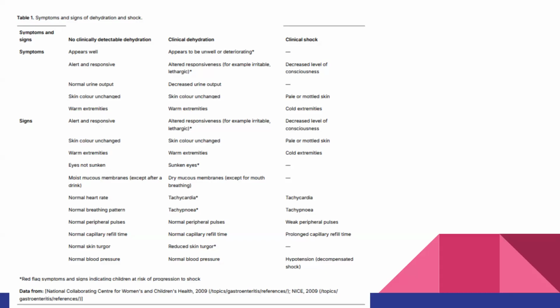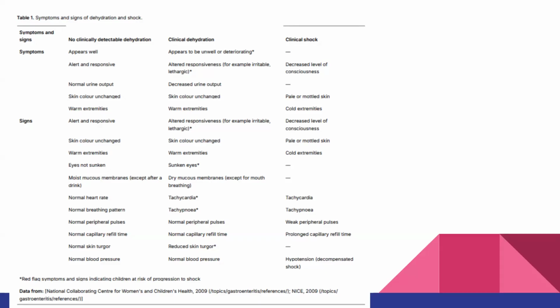I think knowing that oral rehydration fluids are a good thing to do in the A&E scenario is important, where you want to check, can this child tolerate enough fluids to be well at home?